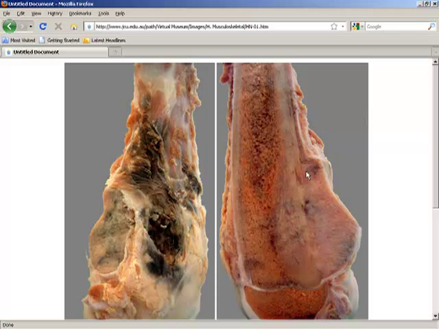That's the normal femur to compare with this. Good thing is to observe the thick cortex and the very thin cortex at the metaphysis and the epiphysis.